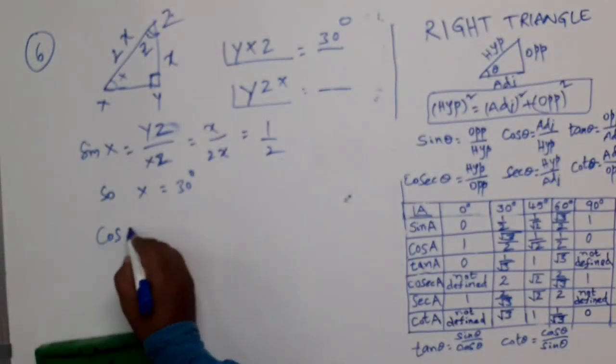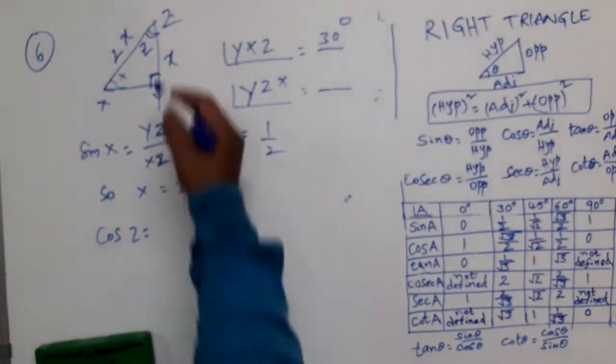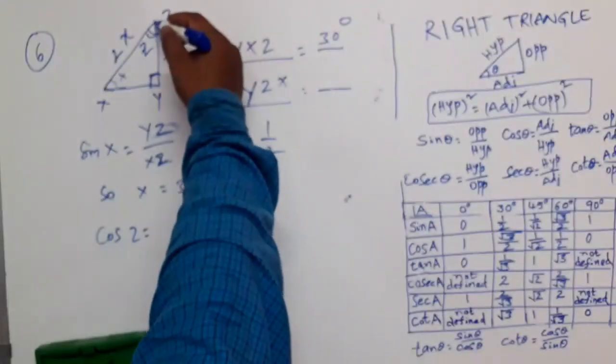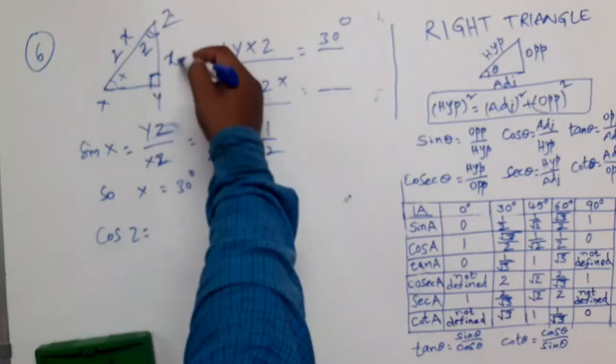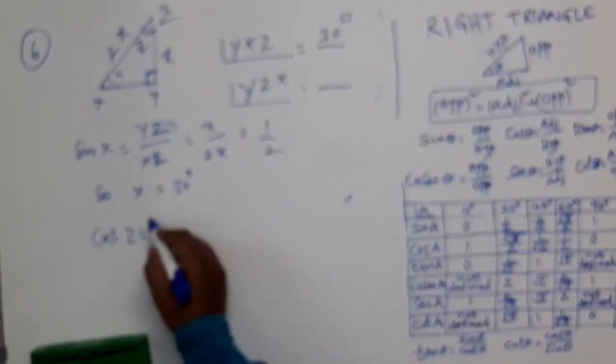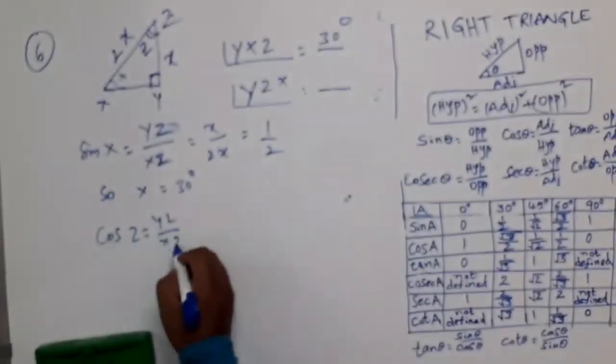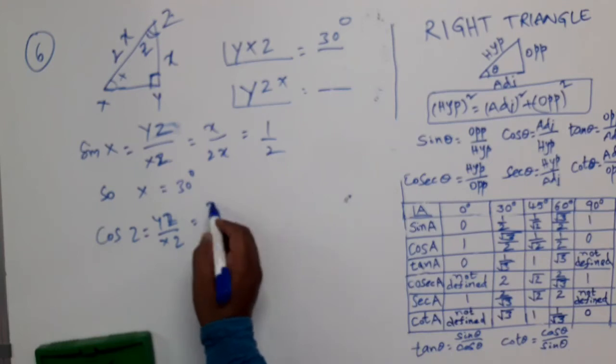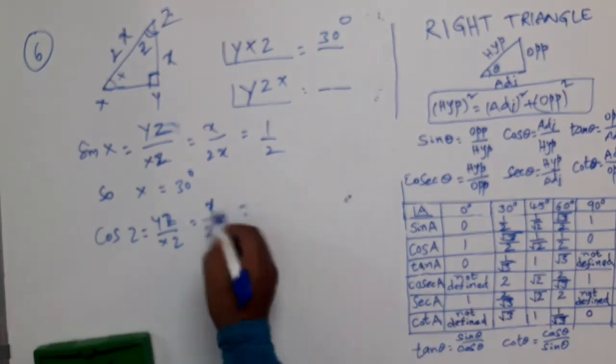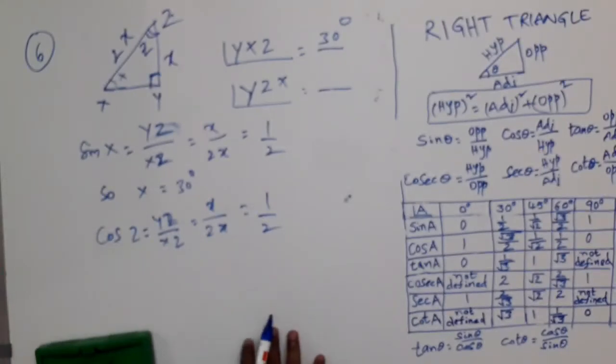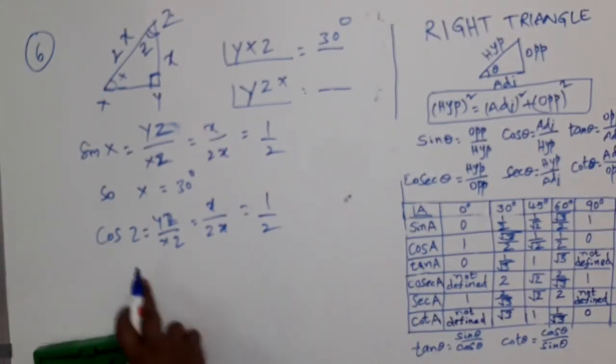Yes, cos Z I am writing. Cos Z is equal to, from this right angle triangle, cos is adjacent side by hypotenuse. So for this angle, this is the adjacent side, hypotenuse is this. So YZ divided by XZ, that is X by 2X. X and X get cancelled. So this is 1 by 2. Cos Z is 1 by 2.